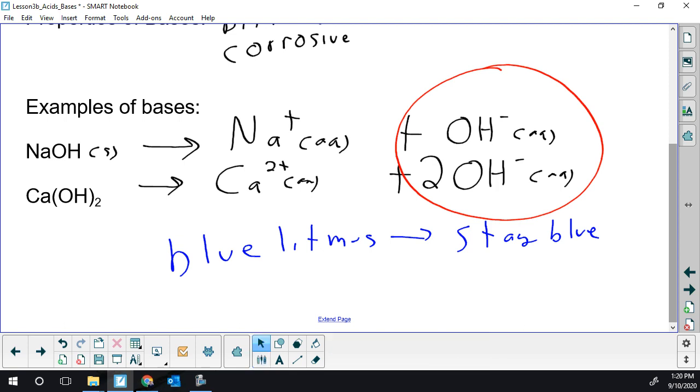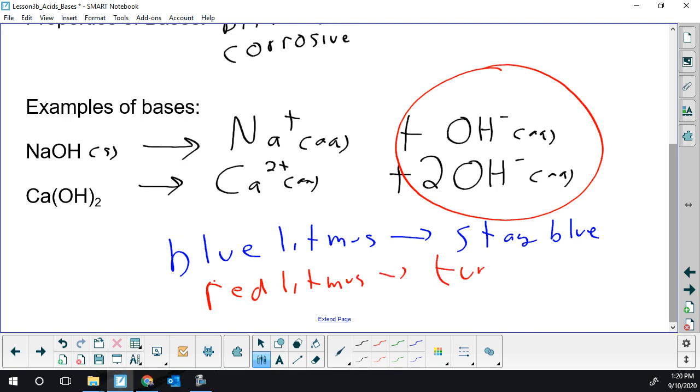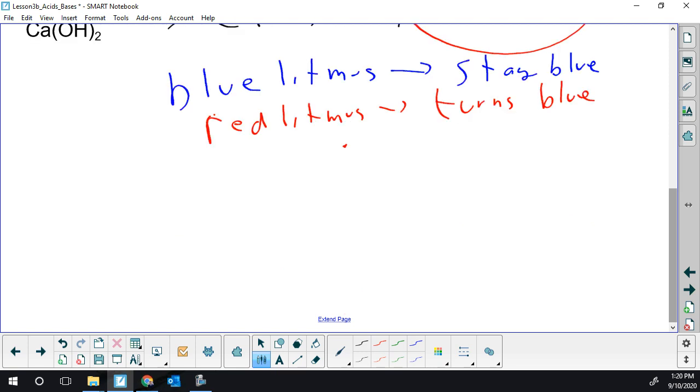It's the red litmus that's going to change. Now, for myself, students need to come up with some system that's going to make sure you remember what this blue and red litmus does.